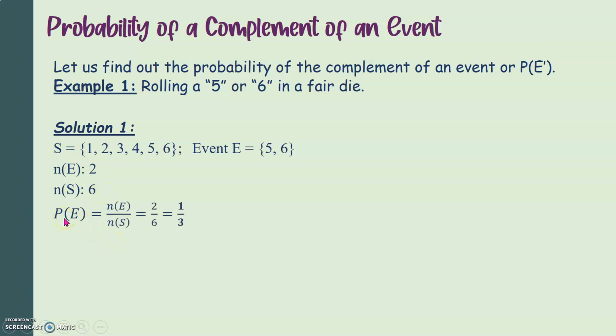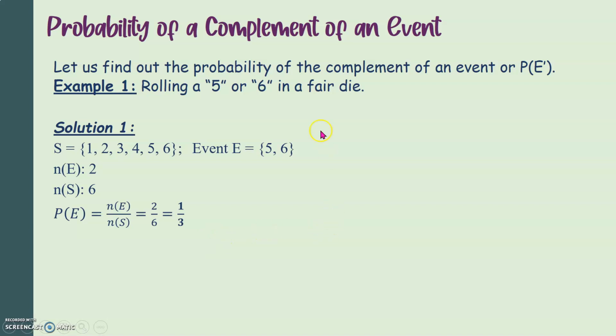So the probability of rolling 5 or 6 in a fair die is equal to the number of desired outcomes over the number of total possible outcomes. So we have 2 over 6. Simplify, that's 1/3. So the probability of rolling 5 or 6 in a fair die is 1/3.